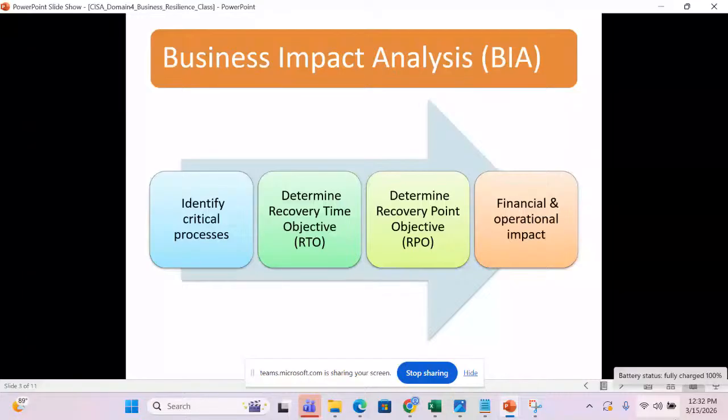Those are like the backbones of the BIA. So what is an RPO? RPO means: what is the minimum data loss that you can accept?